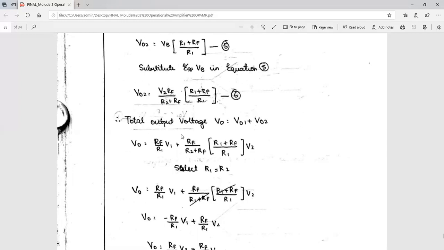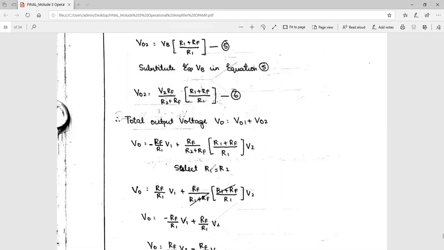Here, V output 1 is minus RF by R1 into V1, plus this particular term, that is RF by R2 plus RF into R1 plus RF by R1 into V2.